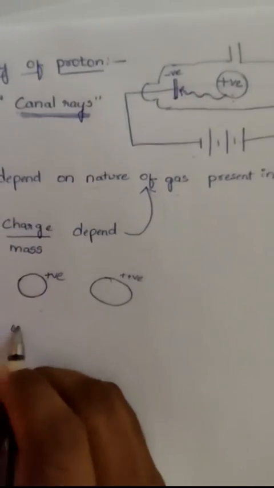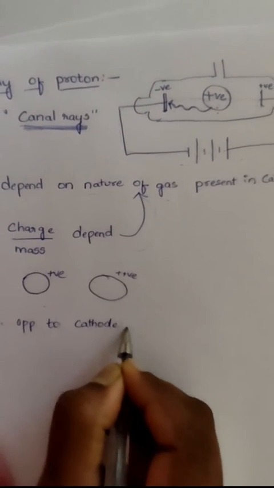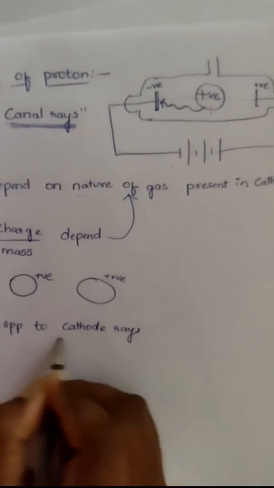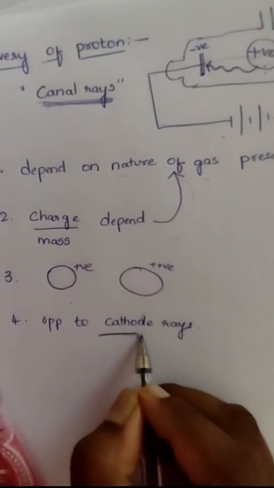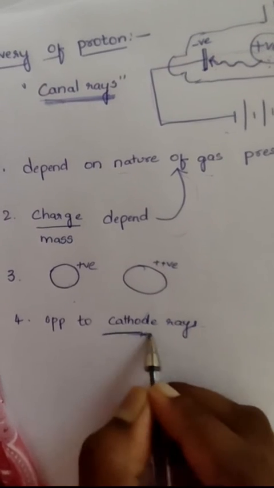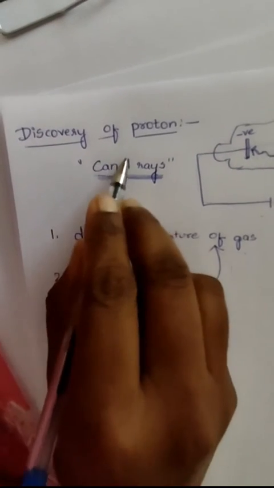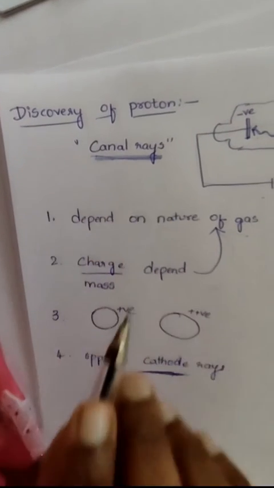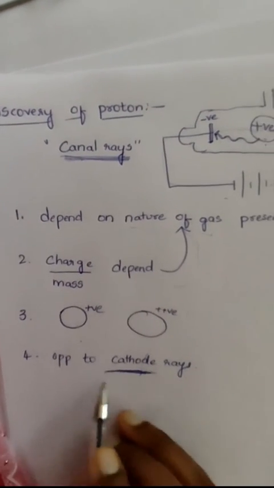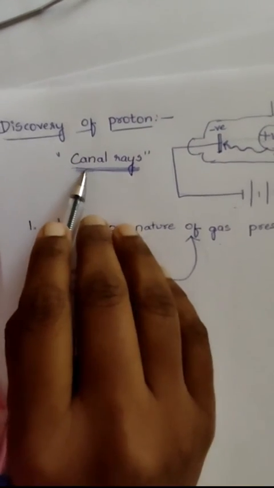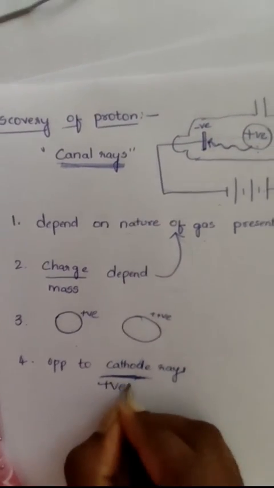Cathode rays are negatively charged particles. So when canal rays have behavior opposite to cathode rays, it indicates that the canal rays are positively charged rays.